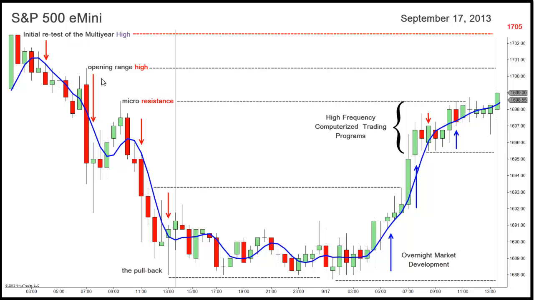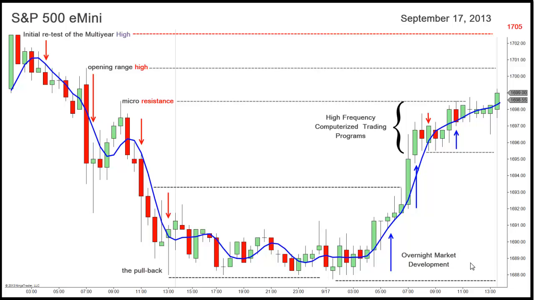Selling pressure was dominant at the open, and the S&P sold off, initially pulling back at or near 1692. There was a modest retracement back up to 1698 before the selling returned, and the S&P traded lower into the close, pulling back to 1688.